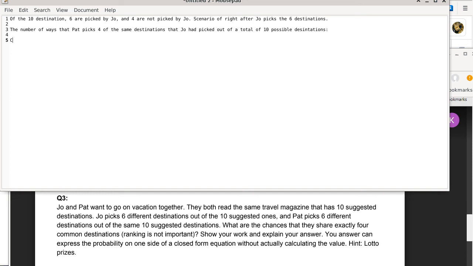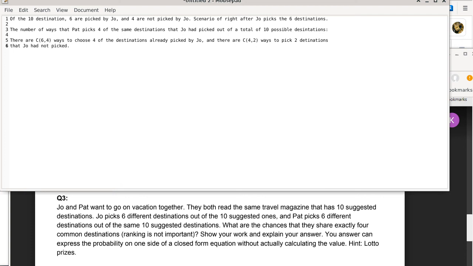So in this case, there are 4 ways to choose 4 of the destinations already picked by Joe, and there are 2 ways to pick 2 destinations that Joe had not picked.